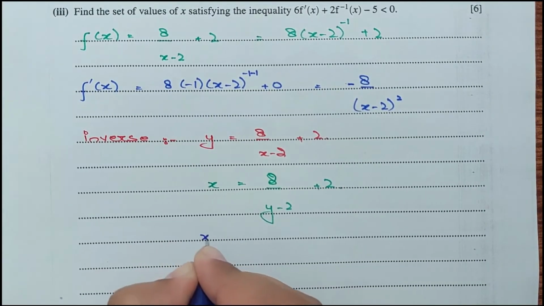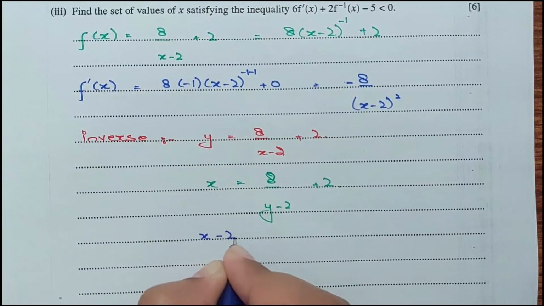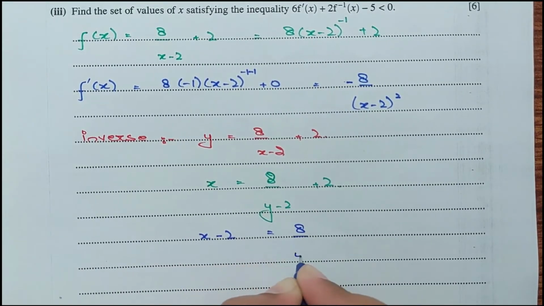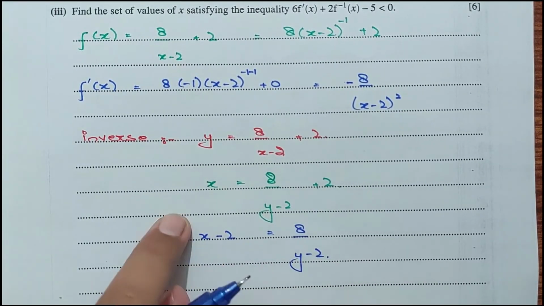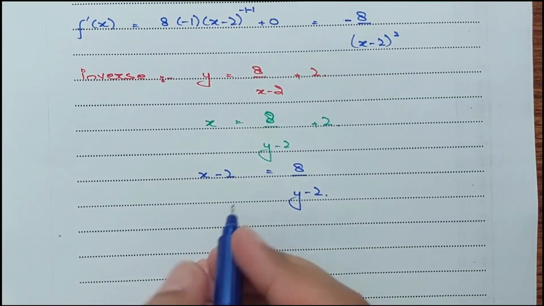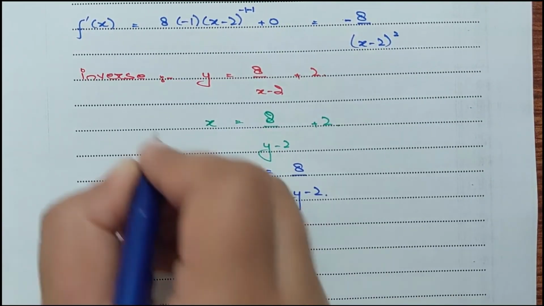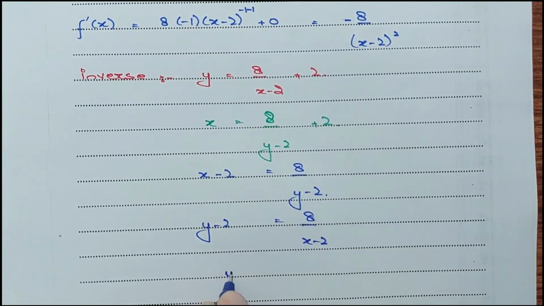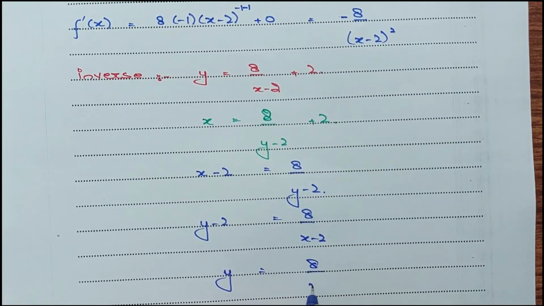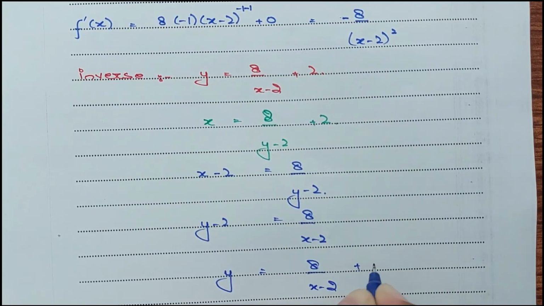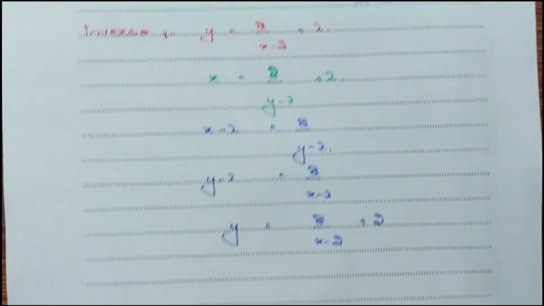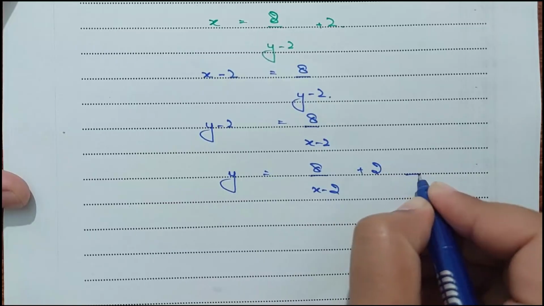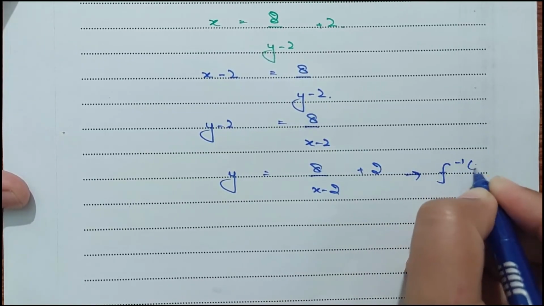So we have x, shifting this 2 to the other side, x minus 2 equals 8 over y minus 2. Now cross multiplication: y minus 2 equals 8 over x minus 2. Now y is going to be 8 over x minus 2 plus 2, shifting the 2 to the other side, and this y is my f inverse of x.